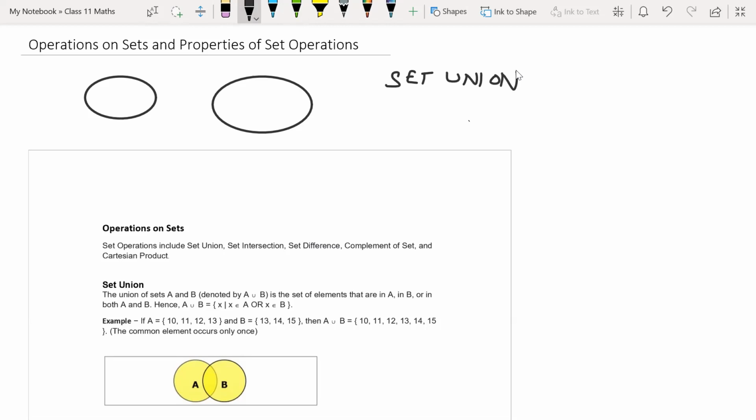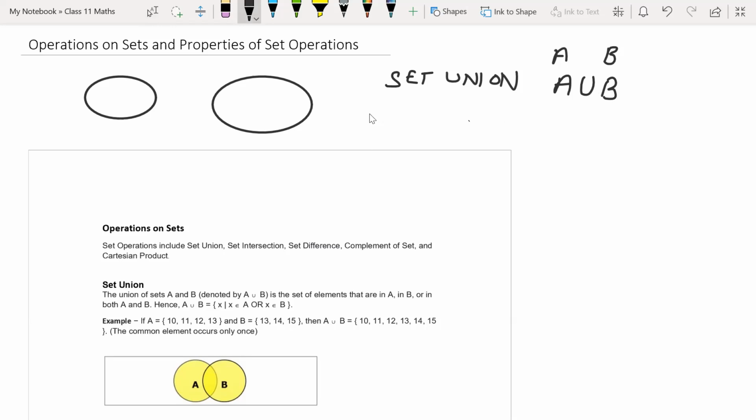In the set union, if there are two sets, one set denoted by A and another set denoted by B, then union is represented with the symbol ∪, A ∪ B. The union of sets A and B is the set of elements in A or B, or both A and B.